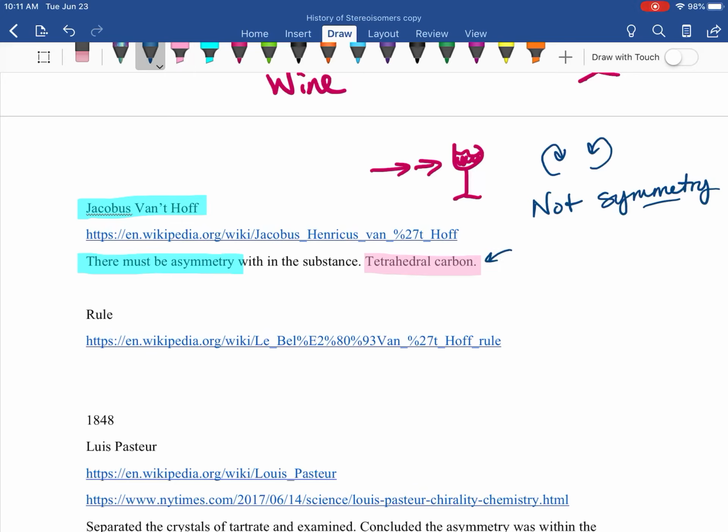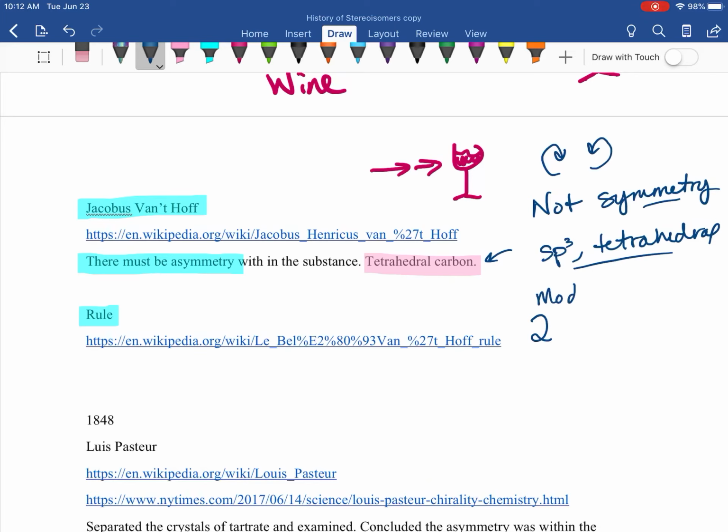Remember, still at that time, they did understand that carbon would be nicely and evenly spaced and have that tetrahedral geometry. So he started to make the connection: there must be something lacking symmetry, and could that be tetrahedral carbons? In fact, he went the next step and had a general idea that maybe it could depend on how many of those carbons might be in that substance.